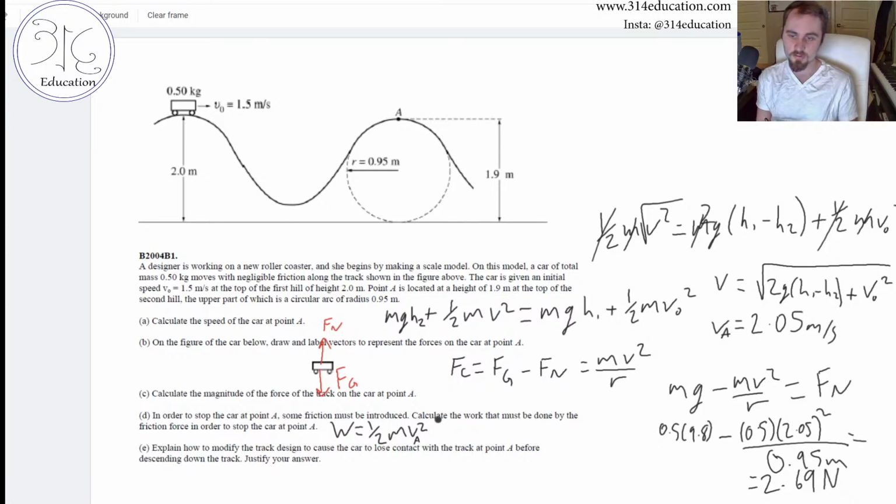We need the velocity to go to 0, and that's the only way kinetic energy goes to 0 without the mass going to 0. Which we know all the things for that. That's just going to be 1/2 times 0.5 for our mass, times our velocity at A squared, which is 2.05 squared. And that gives us a work necessary of just 1.05 joules. This is the work done, so that's not too difficult.